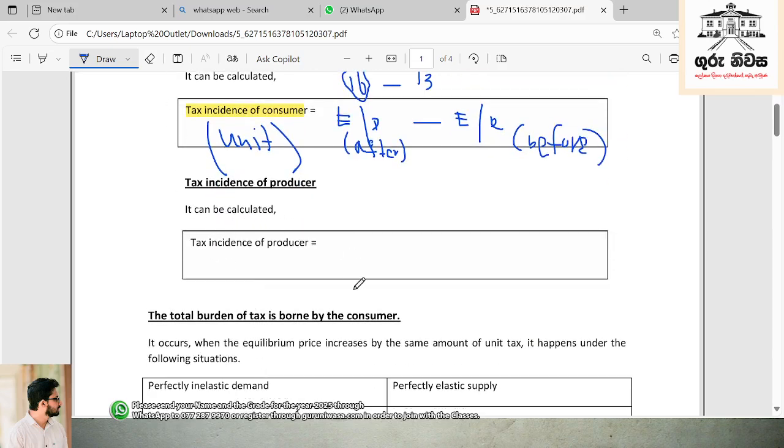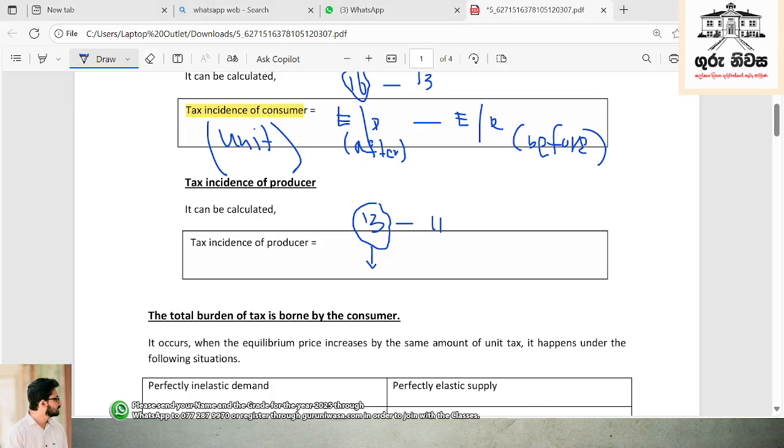Tax incidence of producer. How to calculate? In my example, the tax incidence of the producer is 2 rupees. How did I calculate? 13 minus 11. 13 is the equilibrium price before tax, and 11 is the actual price received by the producer after tax.